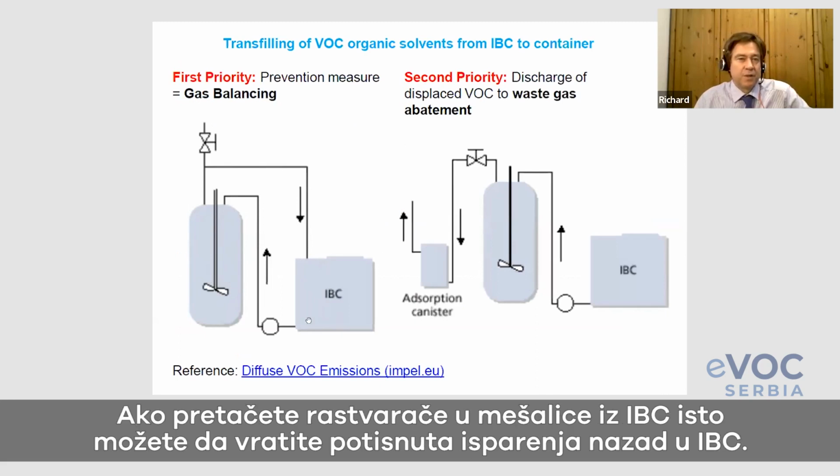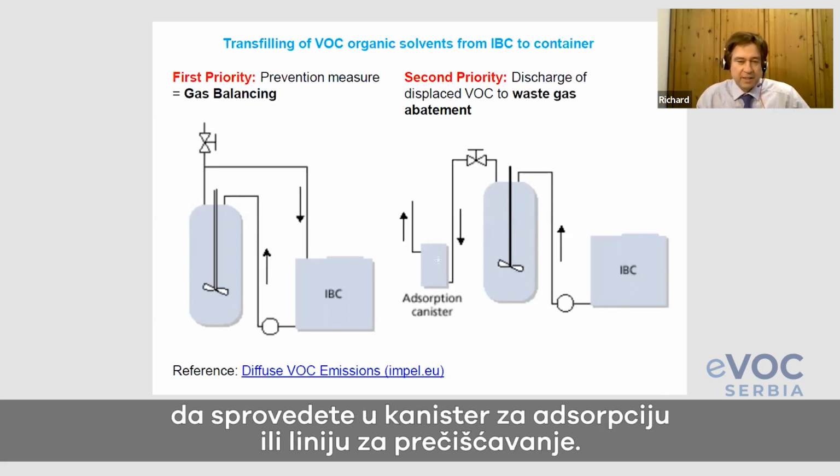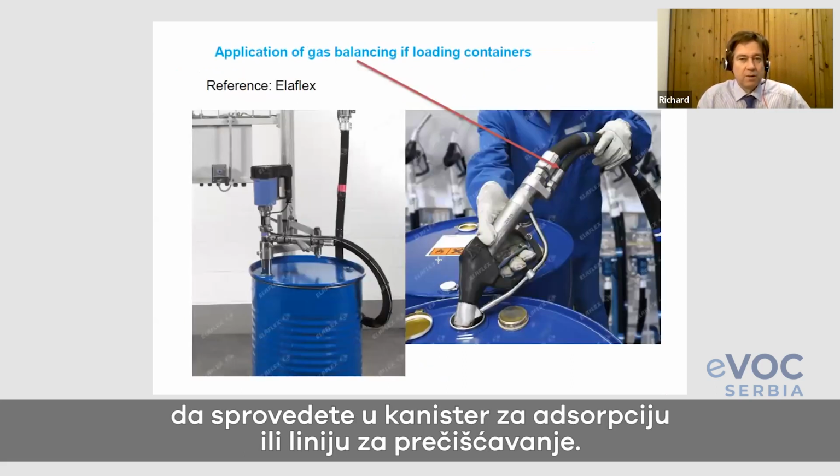That means if you fill solvents into your mixing container from an IBC, you can, for example, just feed back the displaced gases to the IBC. Or if you don't have that possibility, maybe you can discharge it to an adsorption canister or other waste gas abatement line.